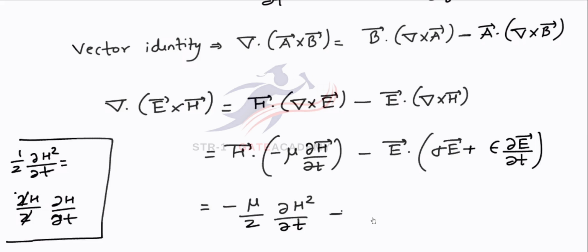Now minus E dot sigma E will become sigma E square, and in a similar fashion, I'll get epsilon by 2 d E square by dt. Now let me rearrange these terms.